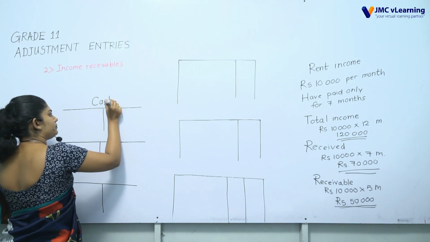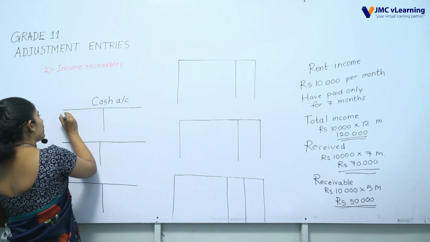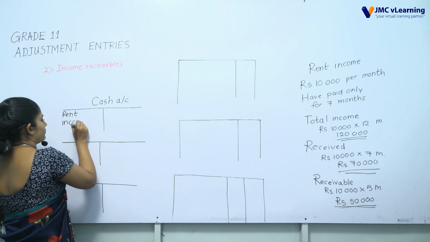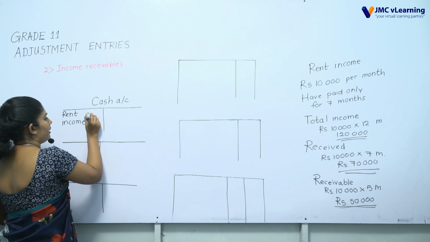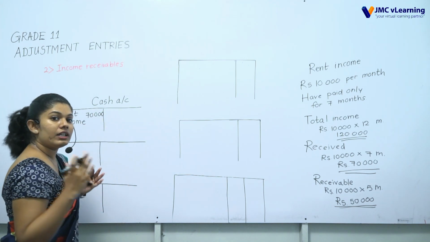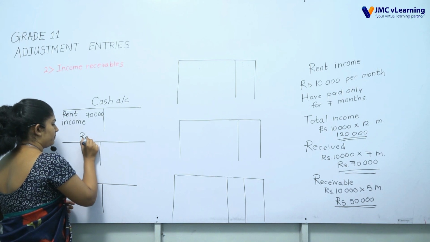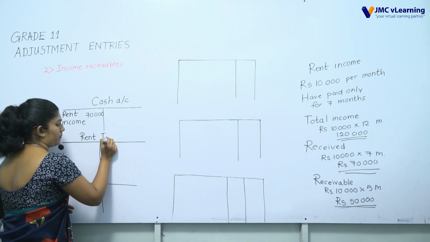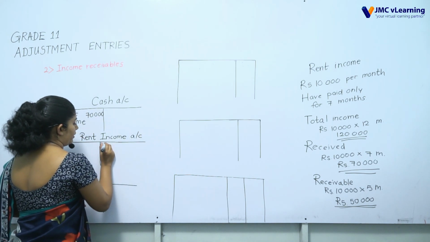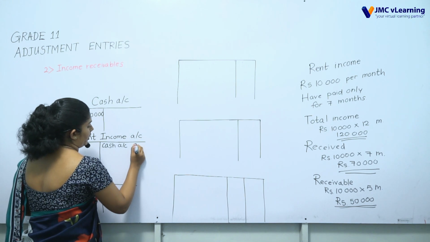Cash account, debit, because we are receiving money, 70,000, and rent income account, credit, 70,000.